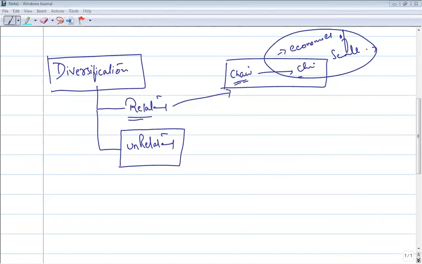Okay, let me give you examples. Unrelated diversification would be, for example, if a cell phone manufacturer buys a car manufacturer.